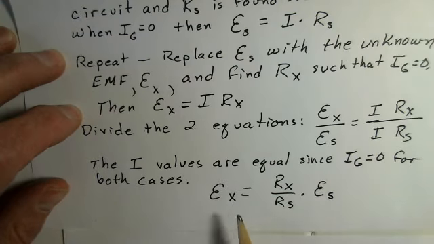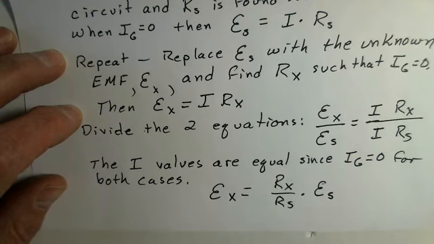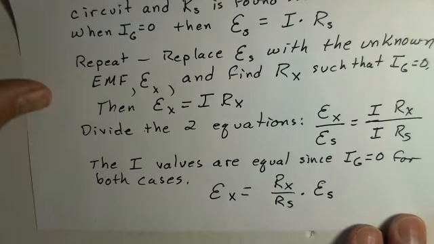And we find that the unknown EMF is the resistance of the potentiometer section that we select, R sub x divided by R sub s, times EMF standard. That gives us the value of the unknown EMF.